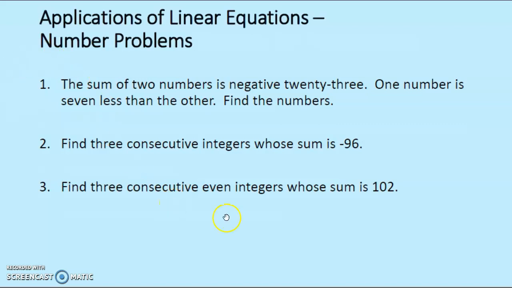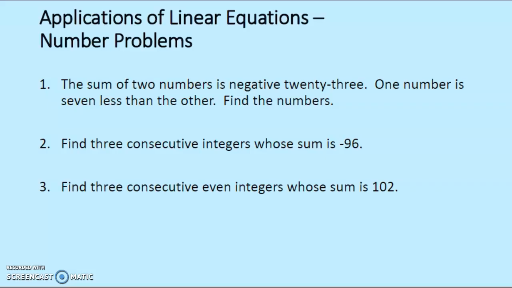So let me switch to my paper here. The problem reads, the sum of two numbers is -23. So we have one number plus another, and that sum is -23. I'm going to write that out in words first.